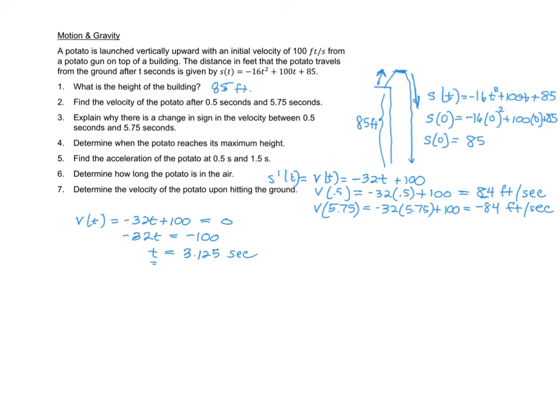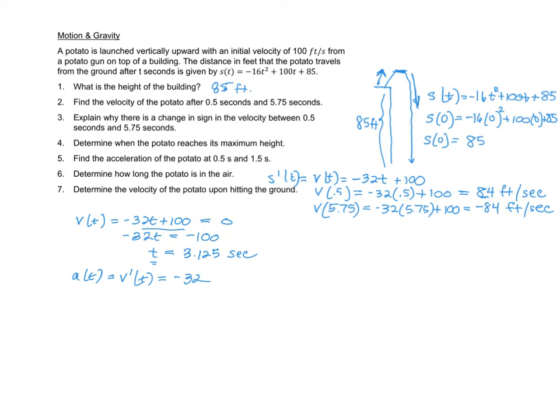Now it's asking to find the acceleration of the potato at 0.5 seconds and 1.5 seconds. Velocity is this function. To find acceleration, we take the derivative of that, since it's the rate of change of velocity. So we just get negative 32. The acceleration at 0.5 seconds, there's no place to plug in for t, so the acceleration is negative 32.